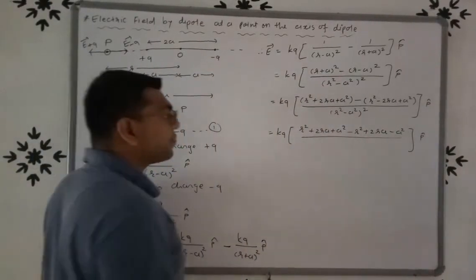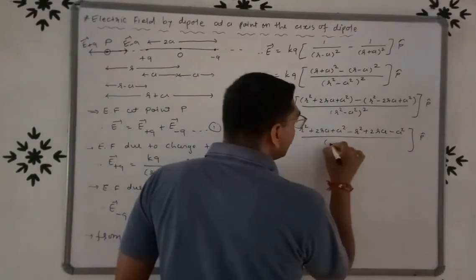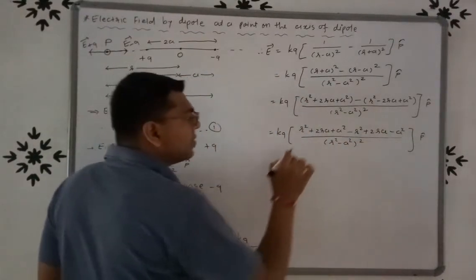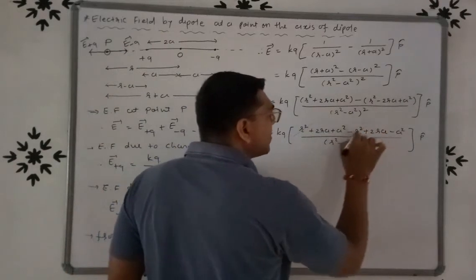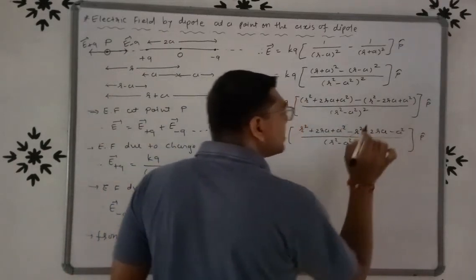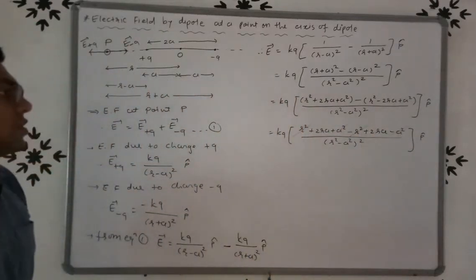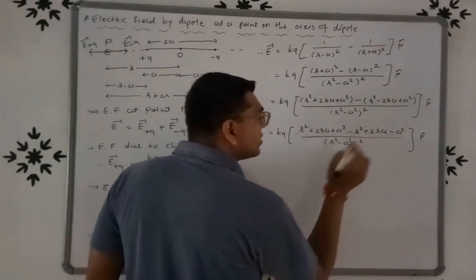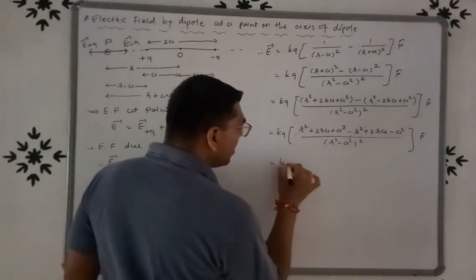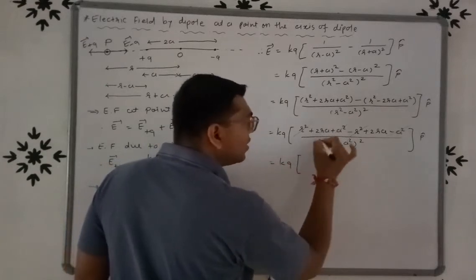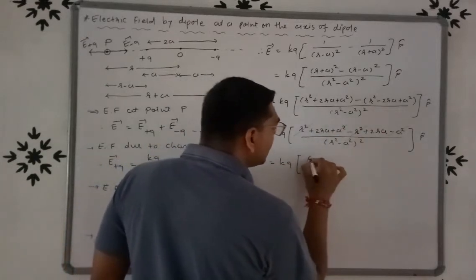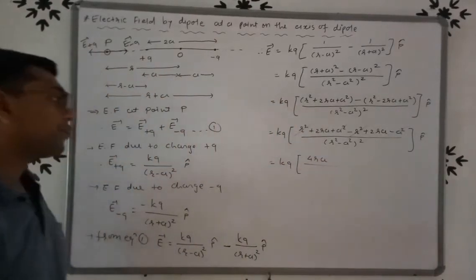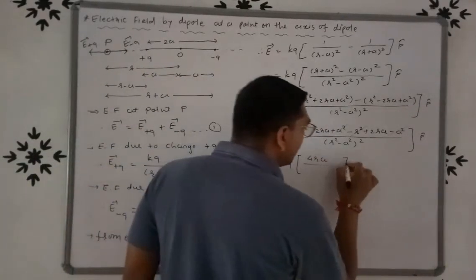Now here (r square minus a square) whole square as it is. Now see here, this r square cancels, a square cancels, right? So the remaining terms are 2ra plus 2ra. So k cube into 2ra plus 2ra, that is 4ra upon, now here p cap as it is.